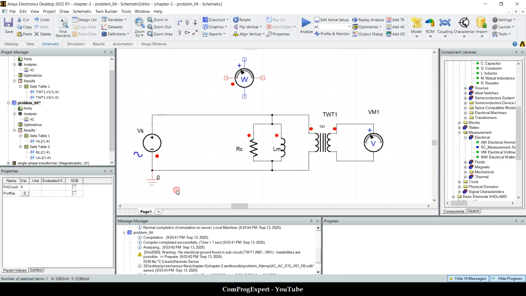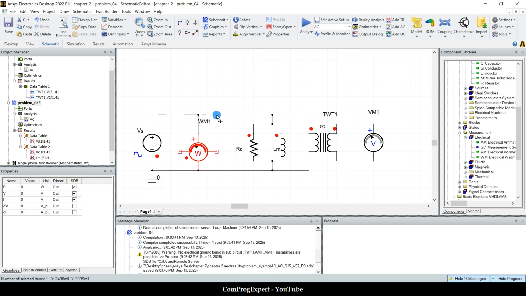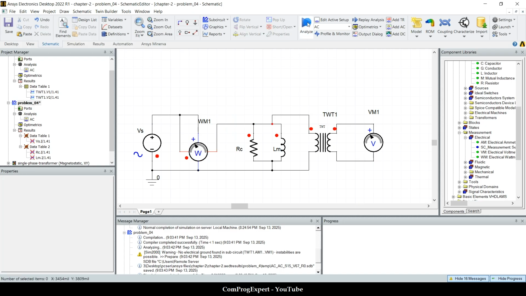So here, this is the voltage and this is the current. So let's analyze this circuit.